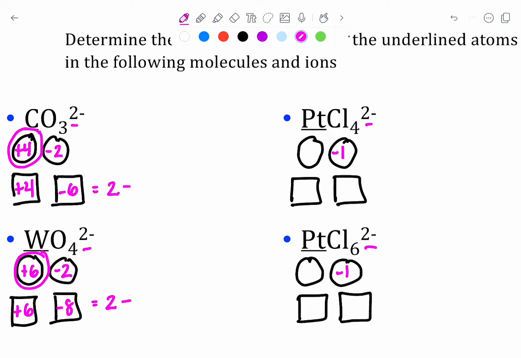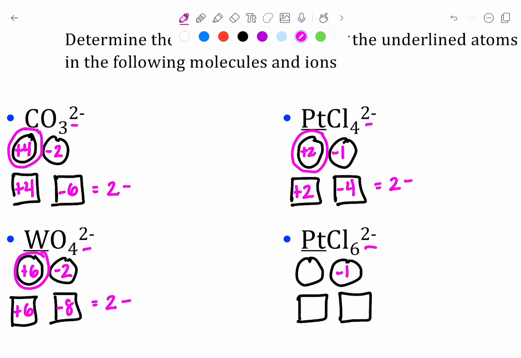The only time it's not -1 is if it's with a hydrogen, an oxygen, a group 1 or 2, or fluorine. So chlorine each has -1. Let's do our first one here. There's 4 of them, so that's -4. This has a charge of 2-, so platinum must have a total contribution of +2, meaning its individual oxidation number is +2 since there's only one.